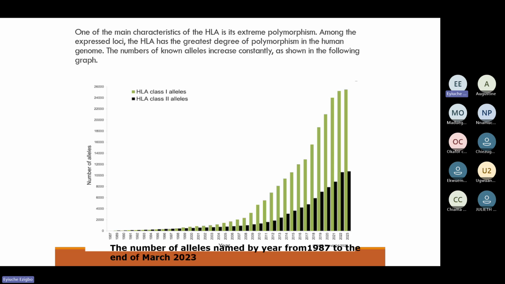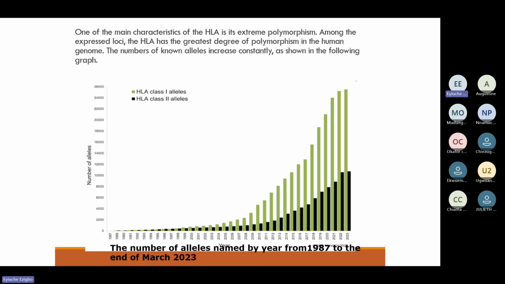So one of the main characteristics of HLA is its extreme polymorphism, the existence of different forms of this gene. Among the expressed loci, the HLA has the greatest degree of polymorphism in the human genome.